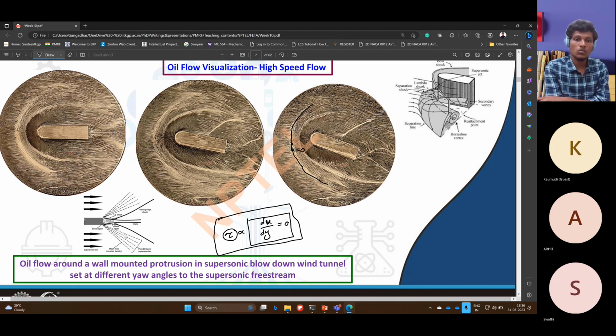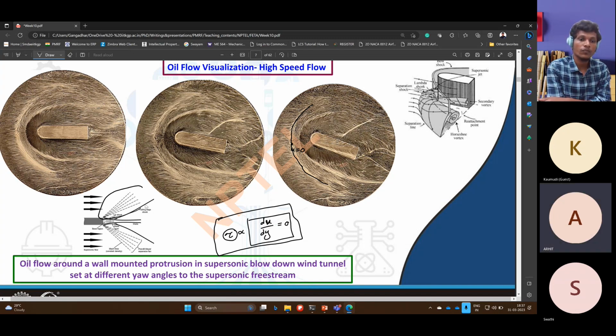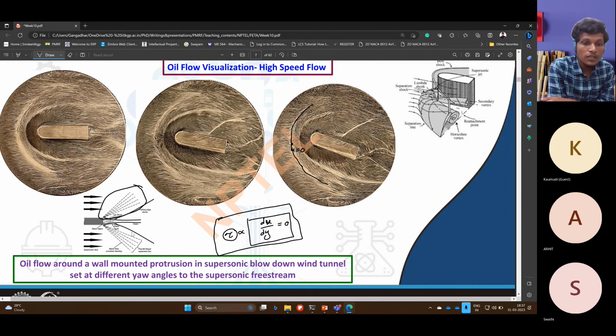But you see, there is no indication of these expansion waves. Are you able to see any indication of expansion waves? No, sir. I don't see any indication of expansion waves, because it is like expansion of the fluid, just increasing its Mach number because of these expansion waves if the fluid is supersonic there. And there is no variation of any velocity gradient here.